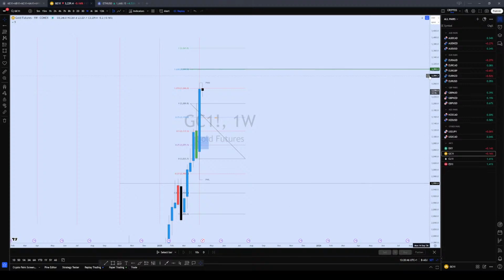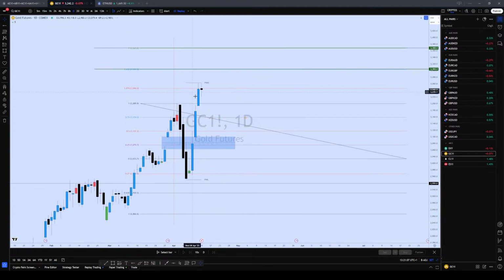It comes in at 3304.4. That's where we're expecting price to go. So look for continuation to the upside. We can also reach for the 2%, which is 3368.4.